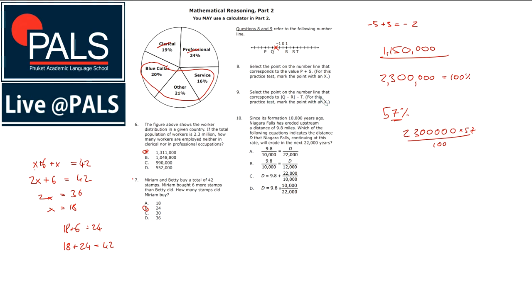Select the point on the number line that corresponds to the absolute value of q minus r minus t. So if you have these lines here, in very simple terms, this turns any negative number that we enter here into a positive number.